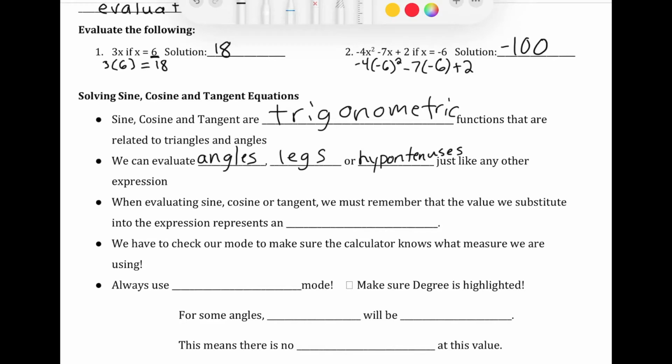When evaluating sine, cosine, or tangent, we must remember that the value we substitute into the expression represents an angle. We have to check our mode to make sure the calculator knows what measure we are using. In your calculator, it is either radian or degree. And for now, in this course, we are only dealing with degree.